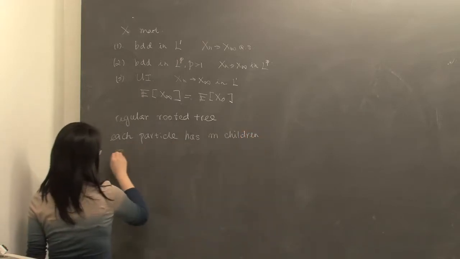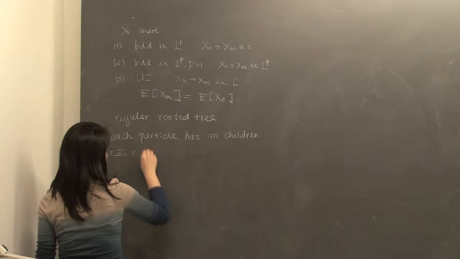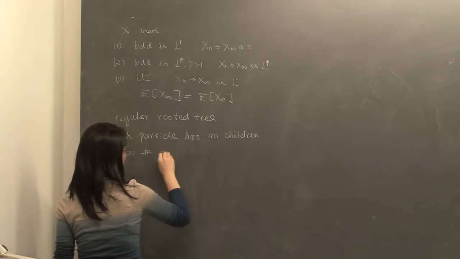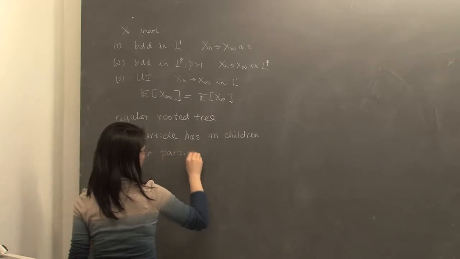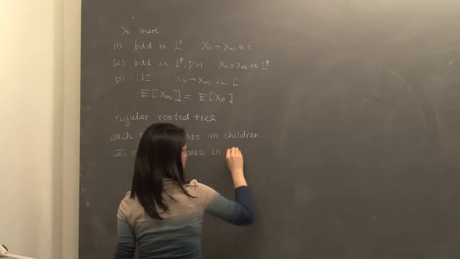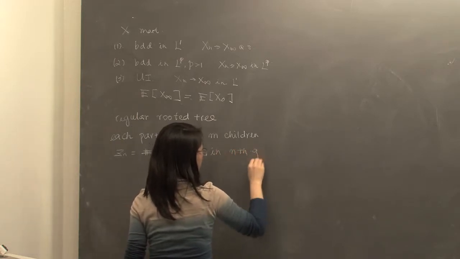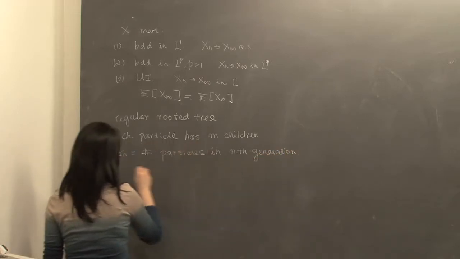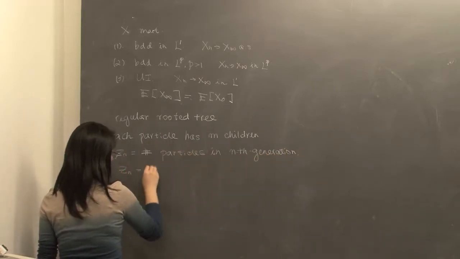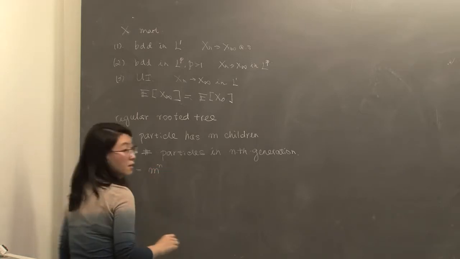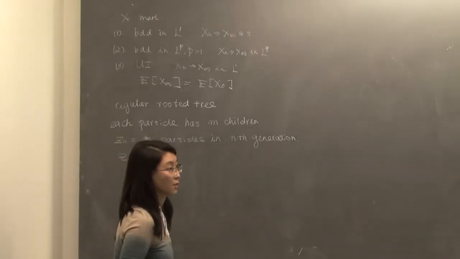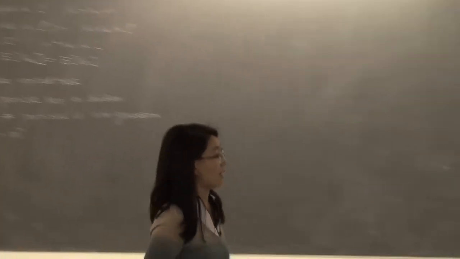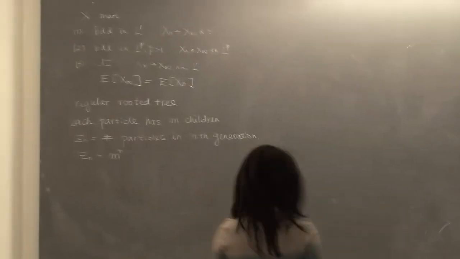If we denote Zn as the number of particles in the nth generation, then we know that Zn equals m to the power n. So this is for a regular tree.